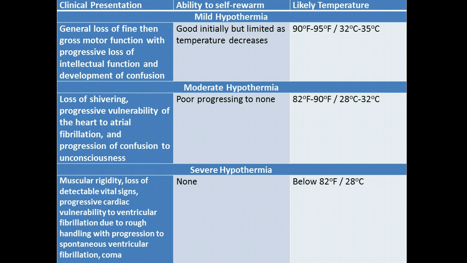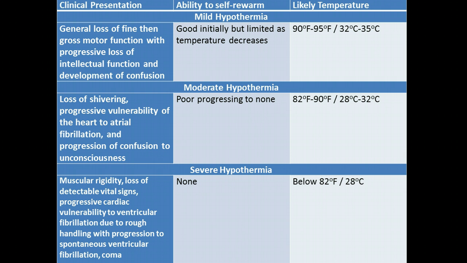So for a patient with mild hypothermia, they initially lose fine motor function, then gross motor function. They become less able to think, and they can develop some confusion. So they're cold, they feel cold, they know they're getting cold, they're shivering, so their body is trying to generate heat, and they've got the beginning of the umbles.